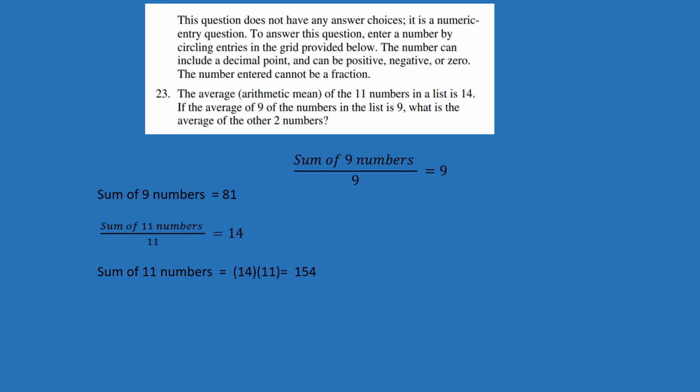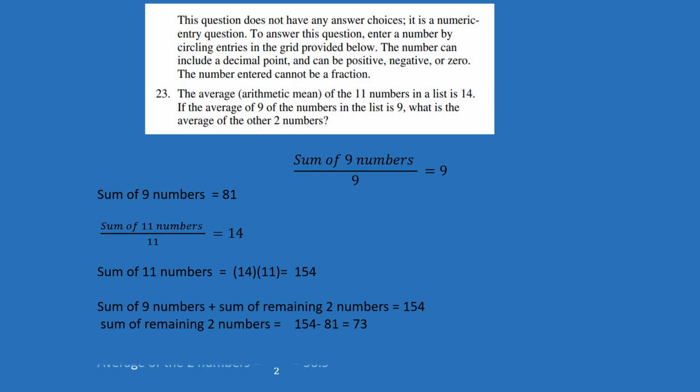But the sum of 11 numbers can be split into two groups: sum of 9 numbers plus sum of the remaining 2. Already we got the sum of 9 numbers to be 81. Plugging in that result, sum of the remaining 2 will be 154 minus 81, which is 73. And the average for this will be 73 by 2, which is 36.5. So your answer is 36.5.